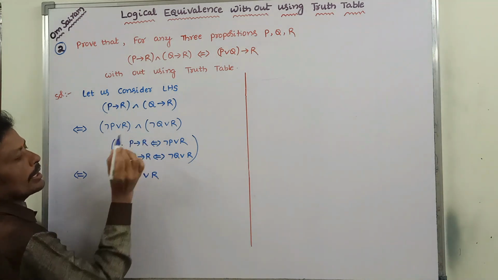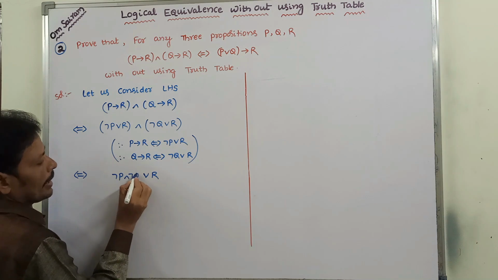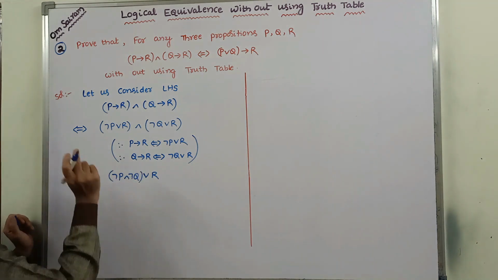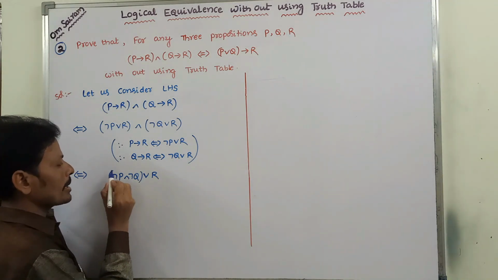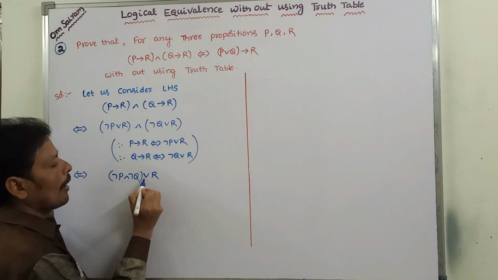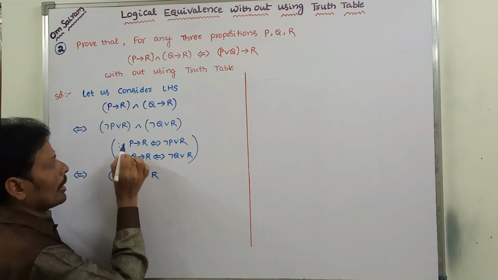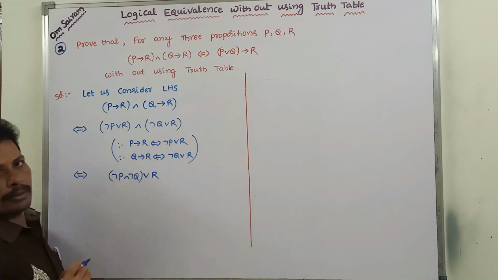Negation P and negation Q. Is it correct or not? Negation P is multiplied with R, so negation P R and negation Q R.